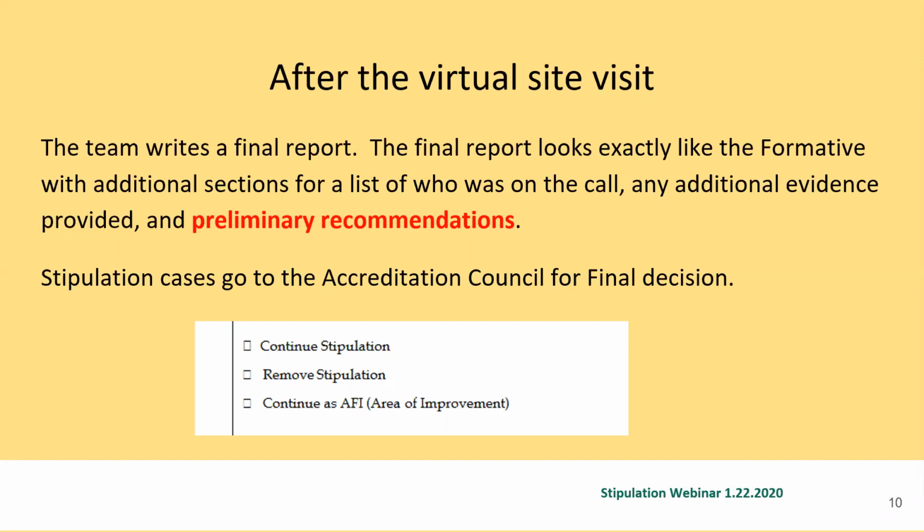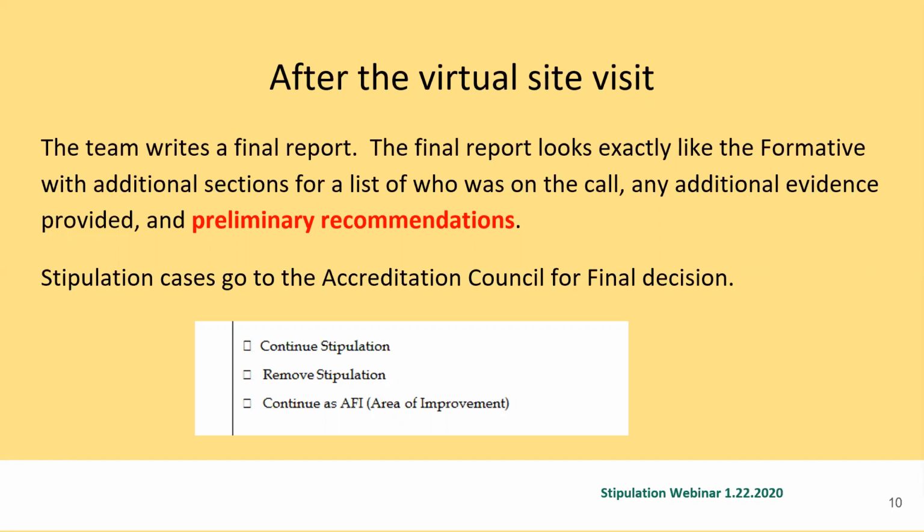So who is in attendance of the virtual meeting? It's important to note who is in the room and who's on the call. And then if there are any additional evidences provided, they can reference those as well. And then they're making their preliminary recommendations. So the stipulation case goes to the Accreditation Council for final decision, again, the following semester.